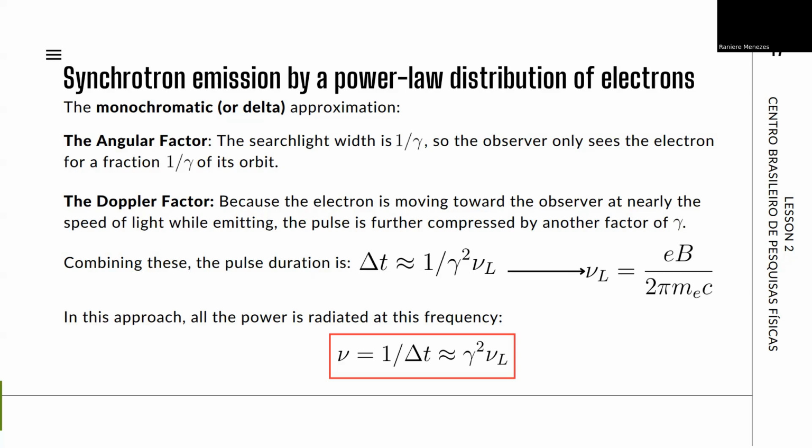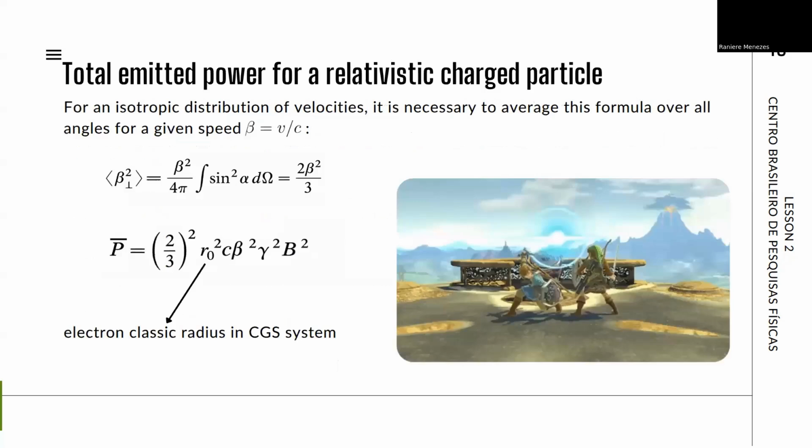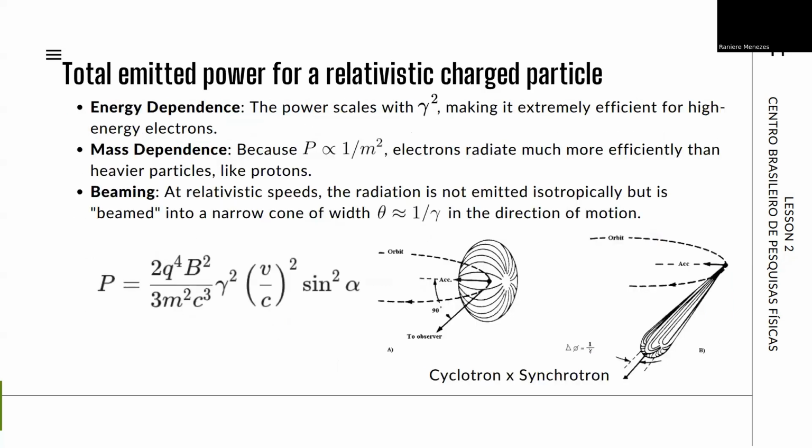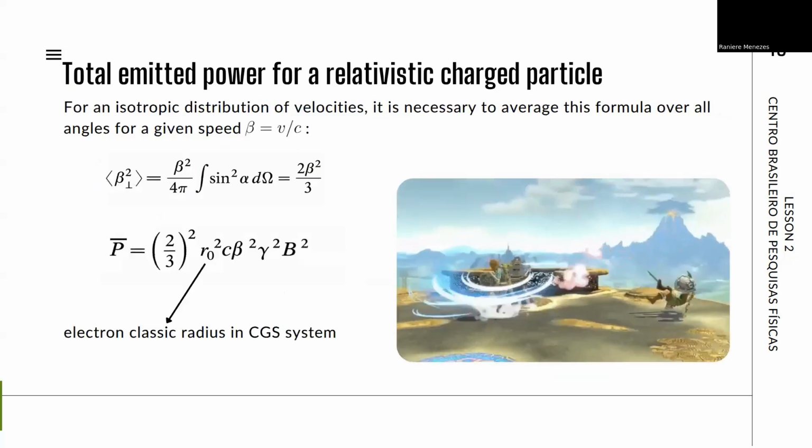The searchlight width of the synchrotron emission, the opening of this cone, is of the order of 1 over gamma. Gamma is the Lorentz factor.